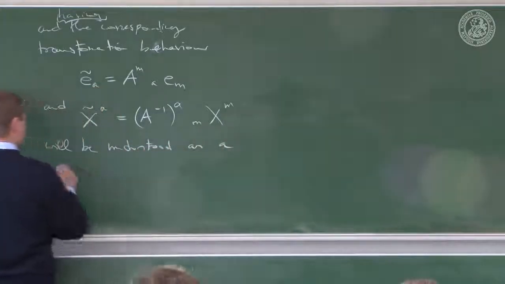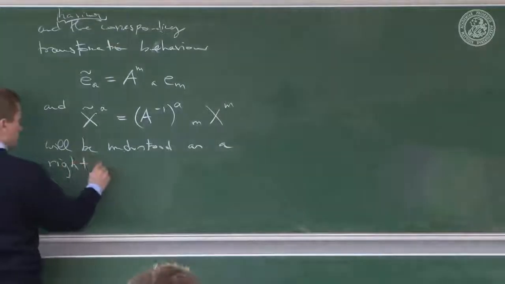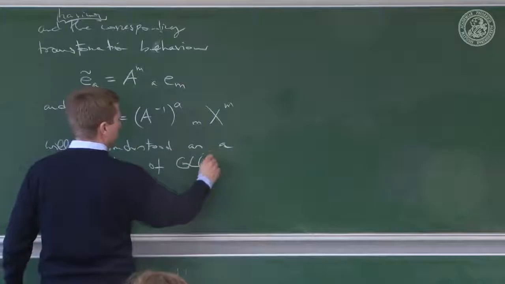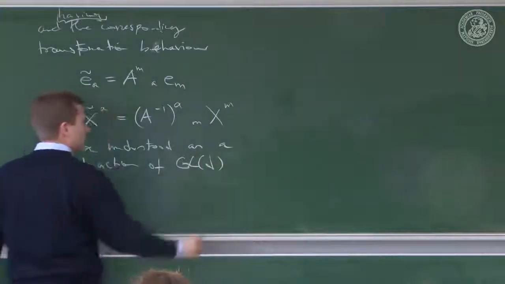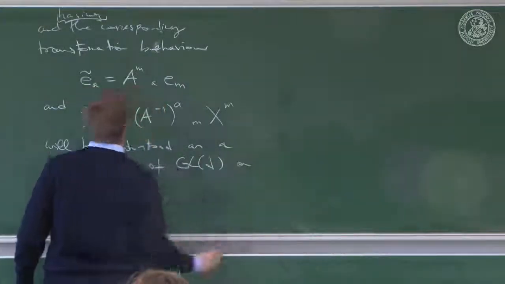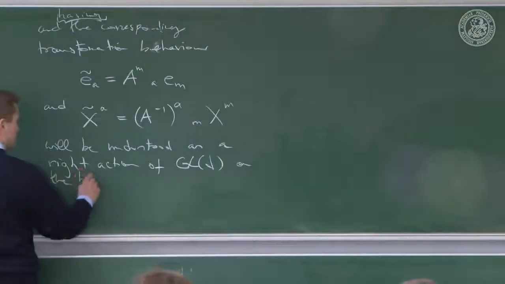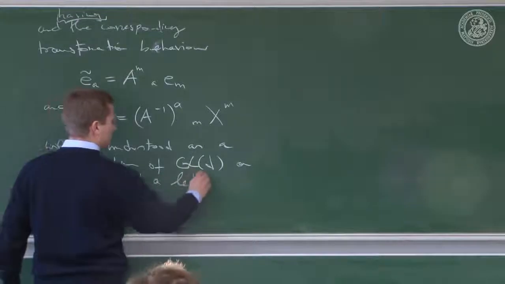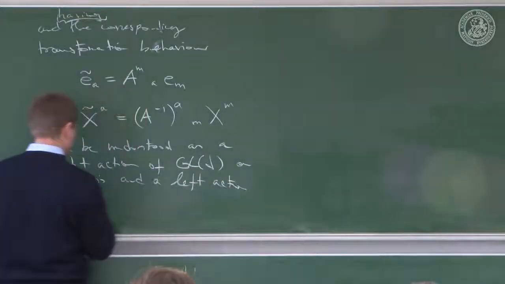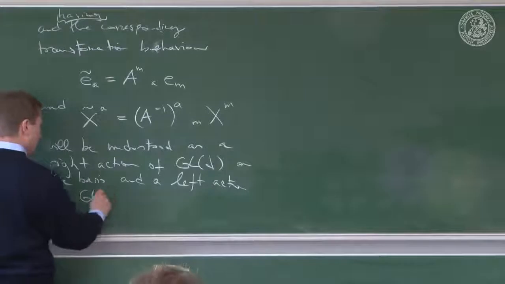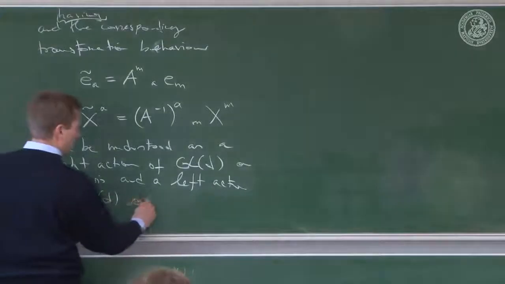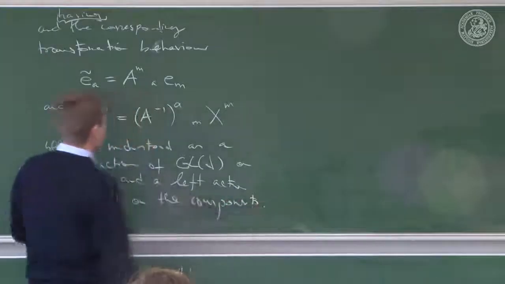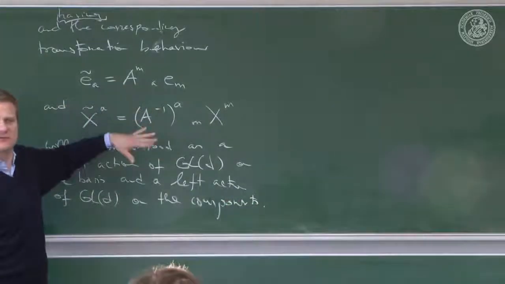as a right action of the general linear group in d dimensions on the basis, and a left action of the same GL(d) group on the components. We say, yeah, sure, that one must be the inverse of the other.